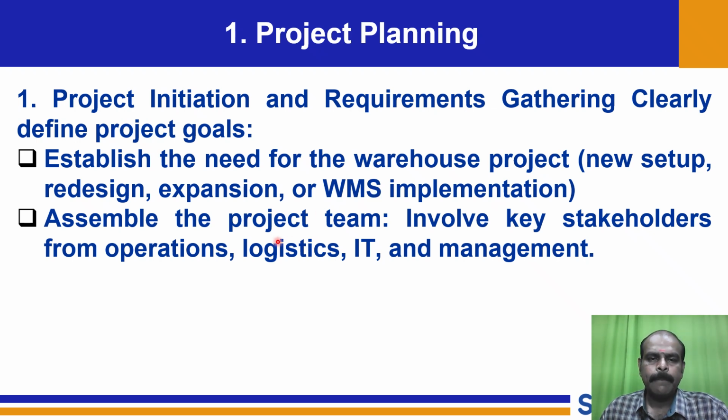Then the next, assemble the project team. Only mechanical background engineers or automation background engineers alone will not serve the purpose, because multitasking comes into the picture. So we should have different stakeholders in this regard. Stakeholders means, for example, in our teaching-learning process within the college, when you understand outcome based education, you can see there are several stakeholders.